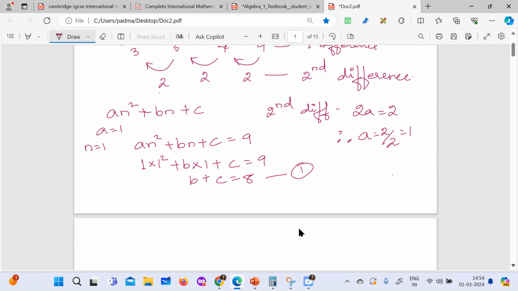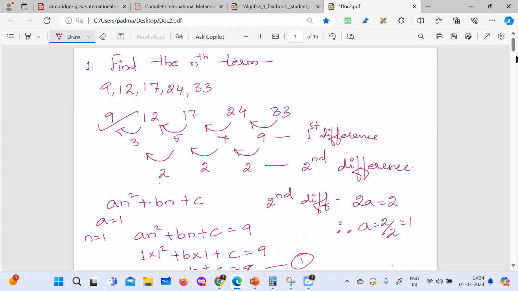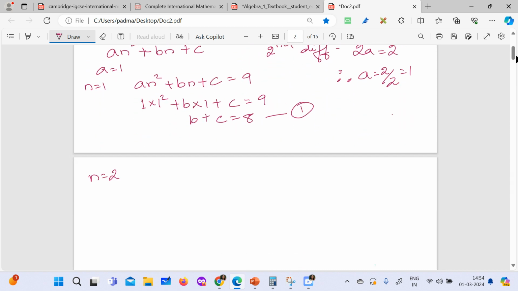Now we will work for n is equal to 2. When n is equal to 2, what is my next term? It is 12, right? So my second term is 12. So I will have an square plus bn plus c is equal to 12.